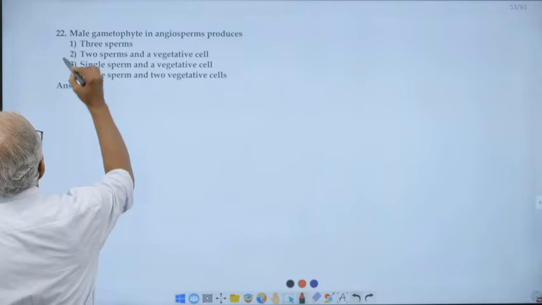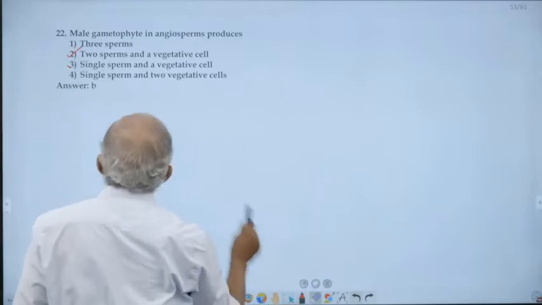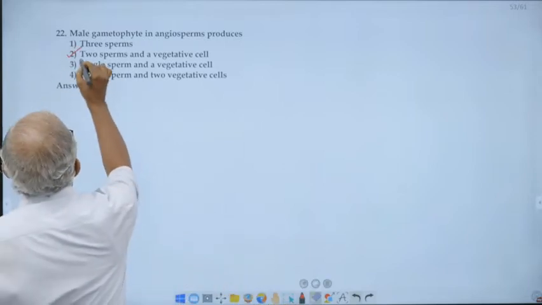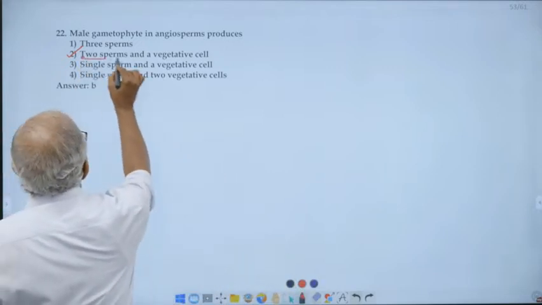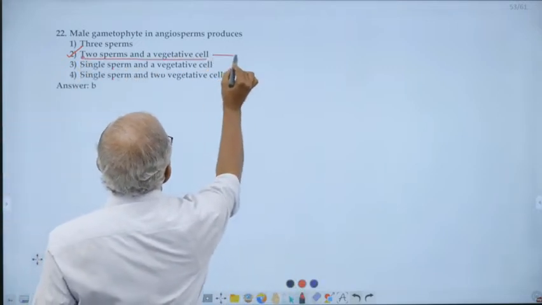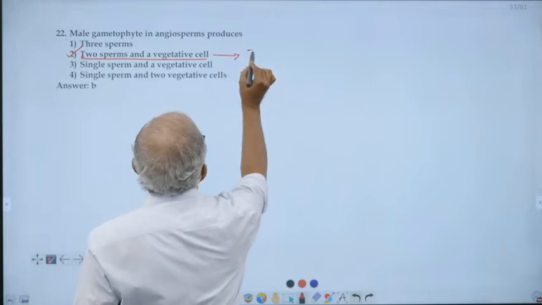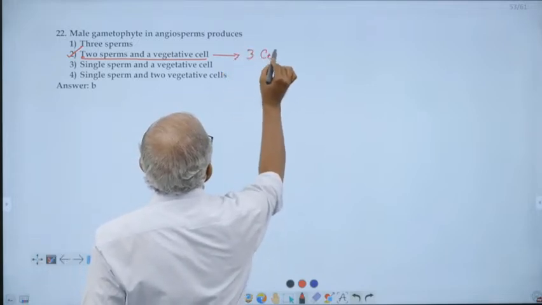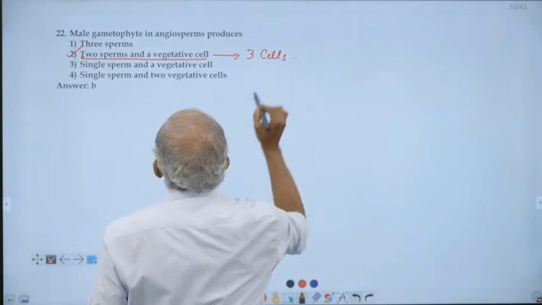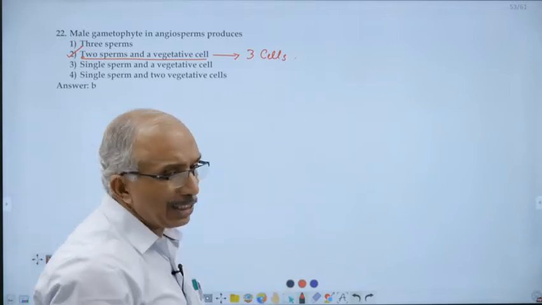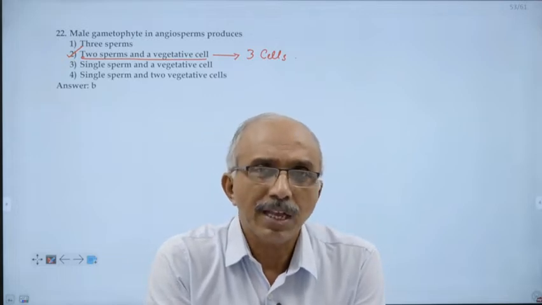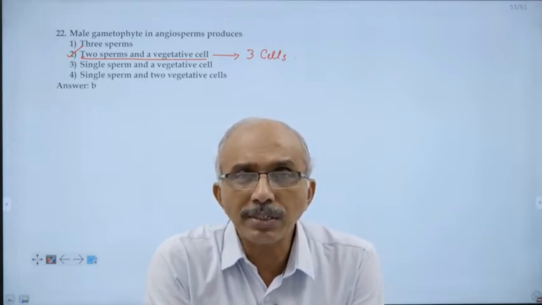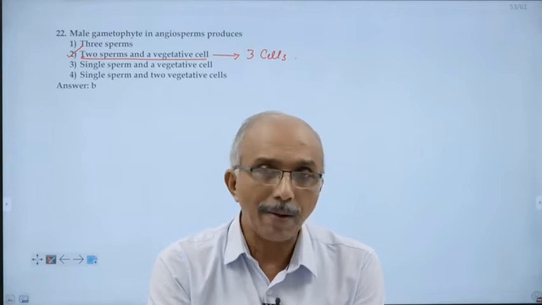That means the male gametophyte of angiosperms consists of 3 cells.